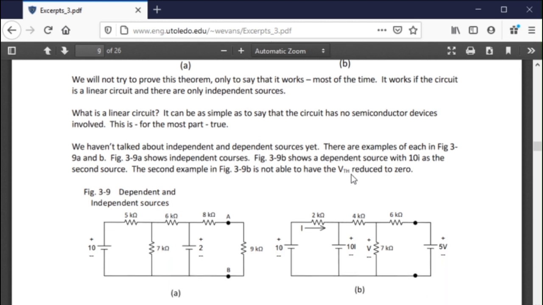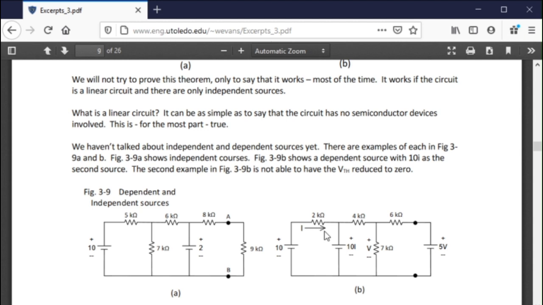We haven't really talked about independent and dependent sources yet, but here's an example of a dependent and independent source. These are independent sources. This one is a dependent source because it depends on this up here.